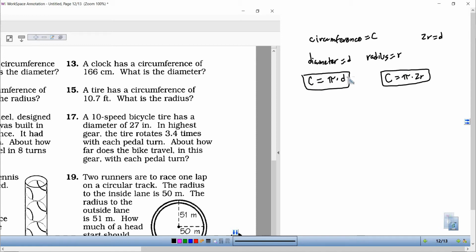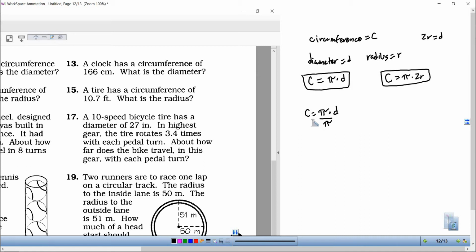So that's what you do if you know the diameter or you know the radius and you want to find the circumference. But what about if we know, like for these problems, we know the circumference and we want to work backwards to find the diameter? Well, let's do a little algebra, all right? If my goal is to find out what D is, then I need the D by itself.